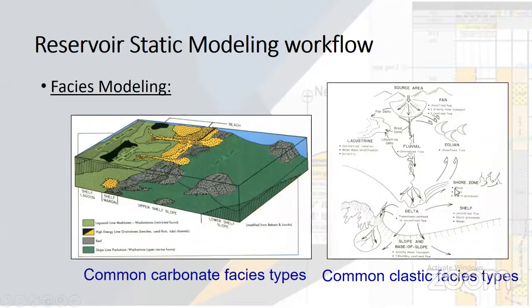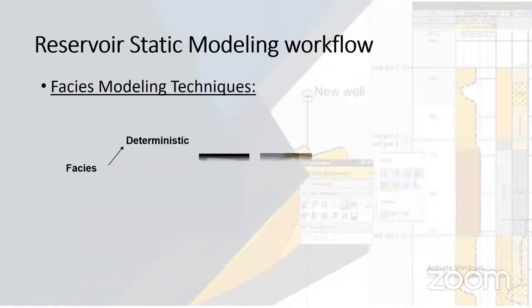So by using the facies from several wells in the area of our reservoir, we can decide that the depositional model for this reservoir is delta fan, or is likely to be a channel, and so on. So that is the facies modeling.